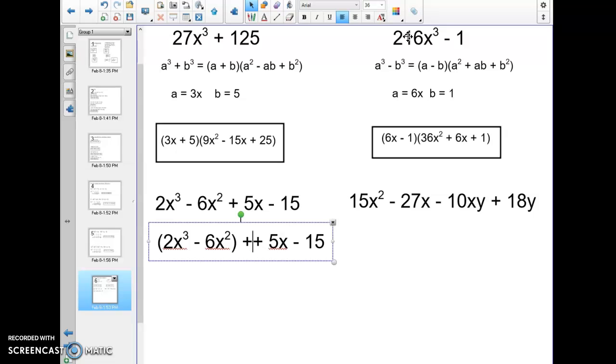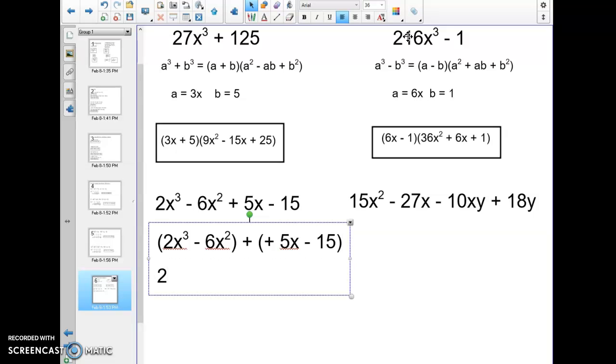I'm going to put a plus sign here and keep that middle sign with the third term. Now I'm taking GCFs out. 2x squared out of this one, and I'm left with x minus 3. I'm taking a 5 out of this one, and I'm left with x minus 3.